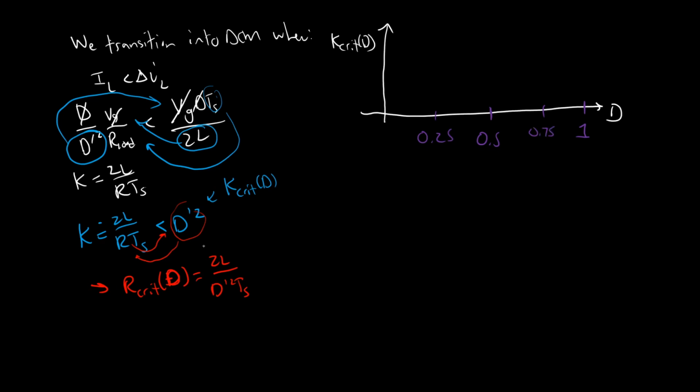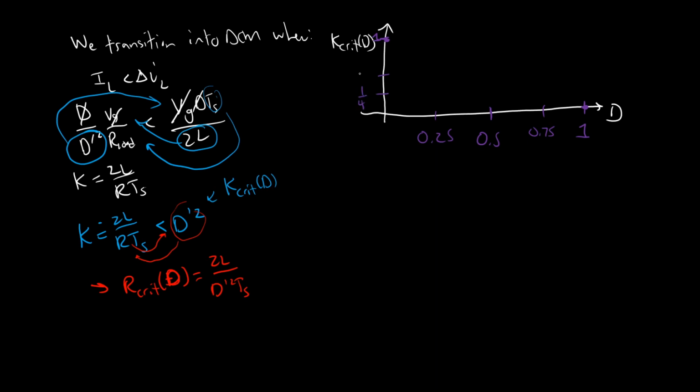All right, so Kcrit as a function of D is D prime squared. When D is 0, D prime is 1. And when D is 1, D prime is 0. And at D equals 1/2, D prime is equal to 1/2, and D prime squared is equal to 1/4.